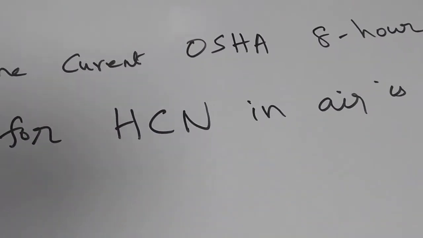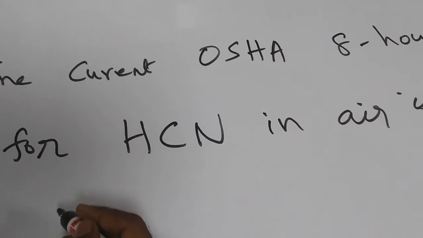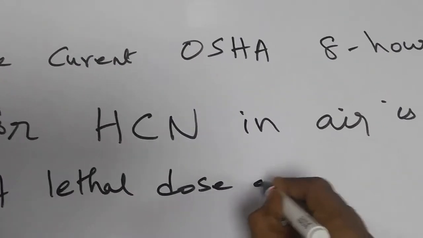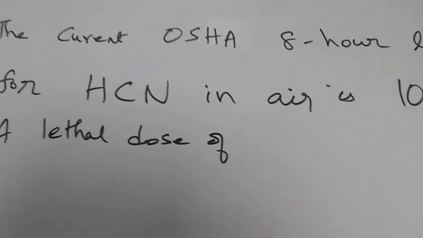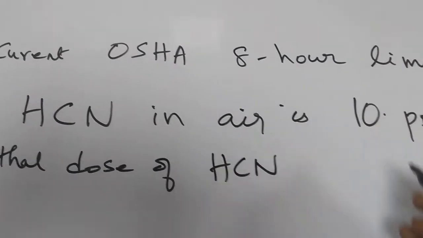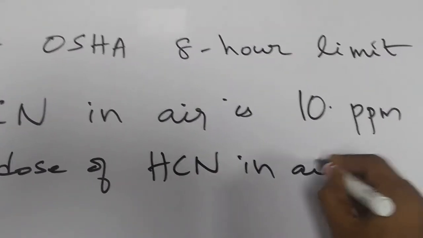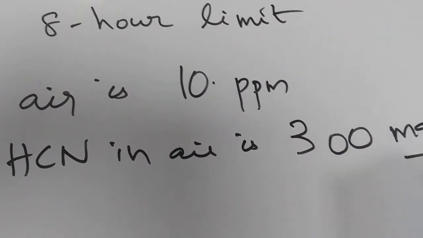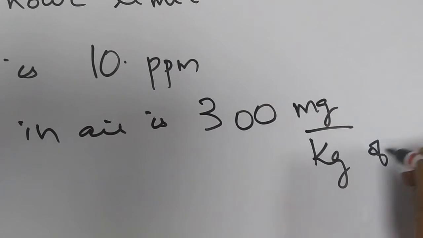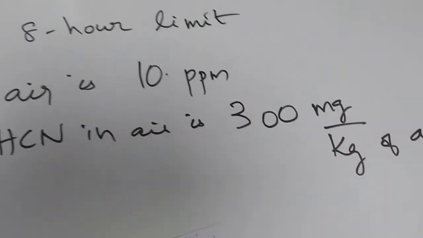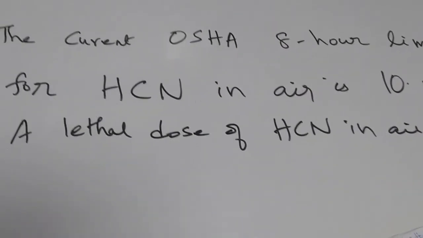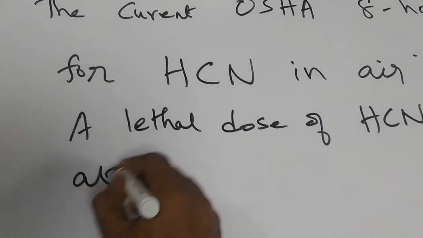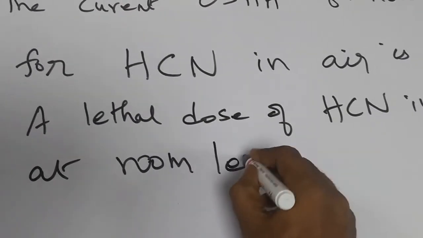A lethal dose of hydrogen cyanide in air is 300 milligrams per kg of air at room temperature.